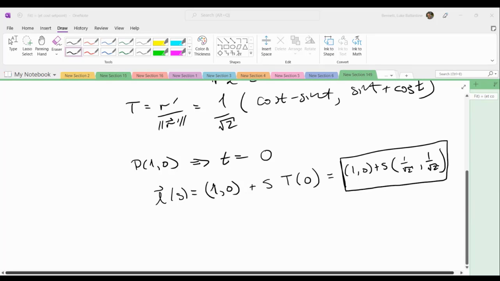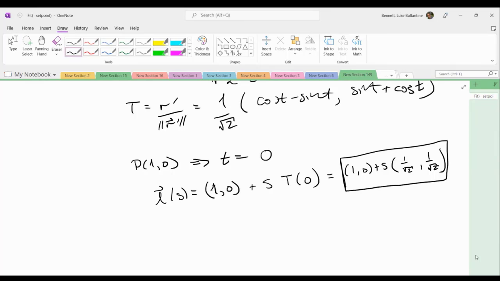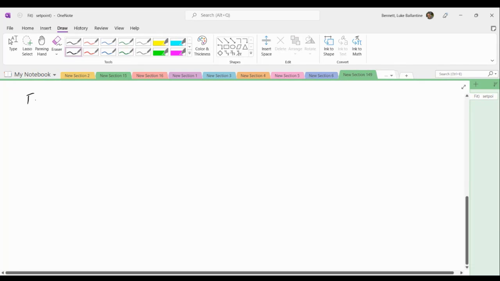So now onto arc length and curvature. We want to determine the curvature of a space curve. This is a curve in a plane.